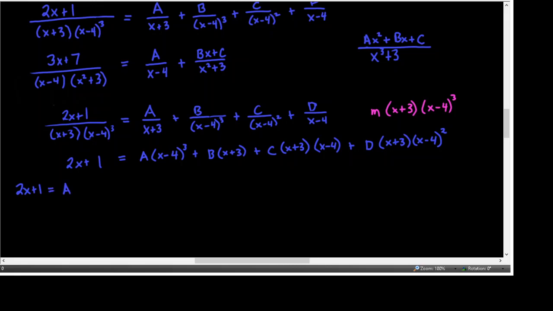So x minus 4 quantity cubed is x cubed minus 12x squared plus 48x minus 64. Someone needs to probably check that I did that correctly. Then here I'll distribute.